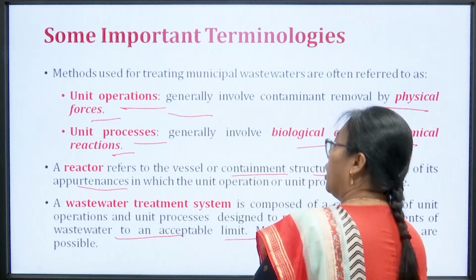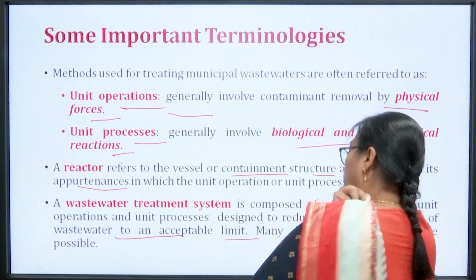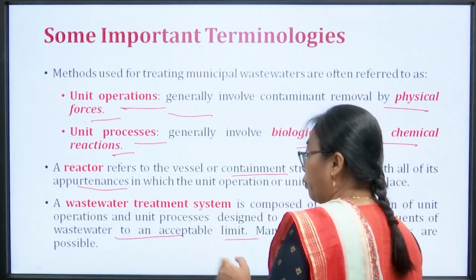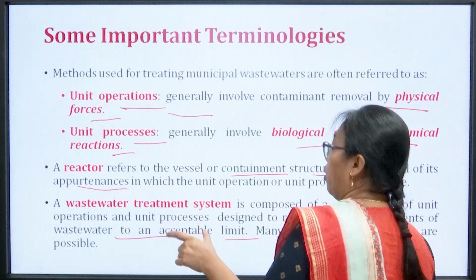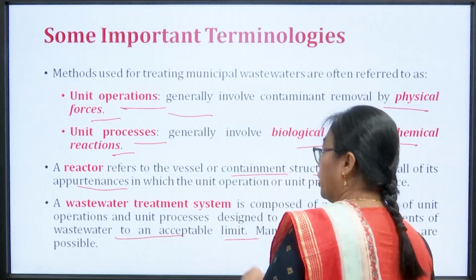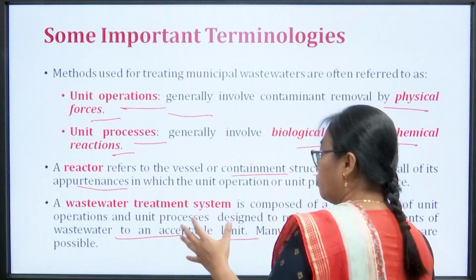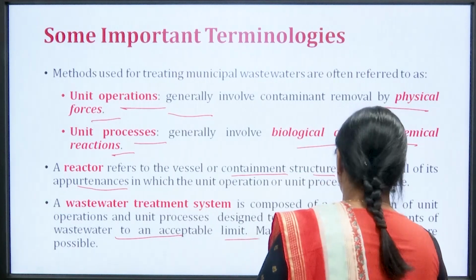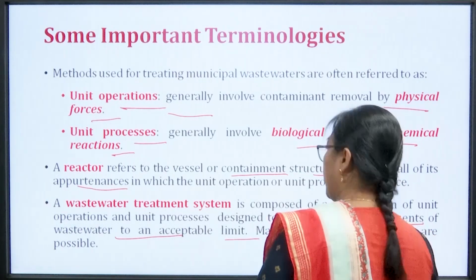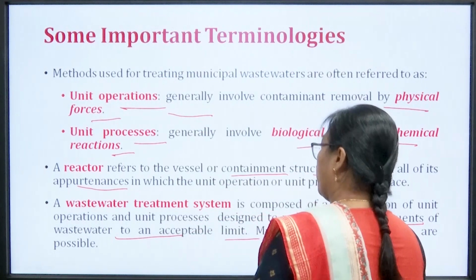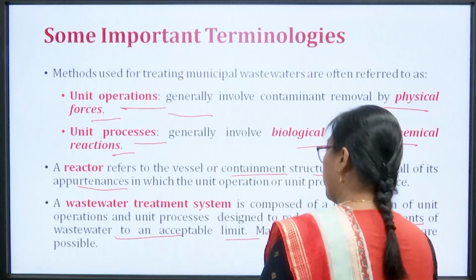So, here we are talking about wastewater treatment. Wastewater treatment is not only one operation or one process, it is going to be a series of operations or a series of processes or a combination of those, which will take place in a reactor and which is going to reduce certain constituents like BOD or suspended solids, etc. So, many different combinations are possible.